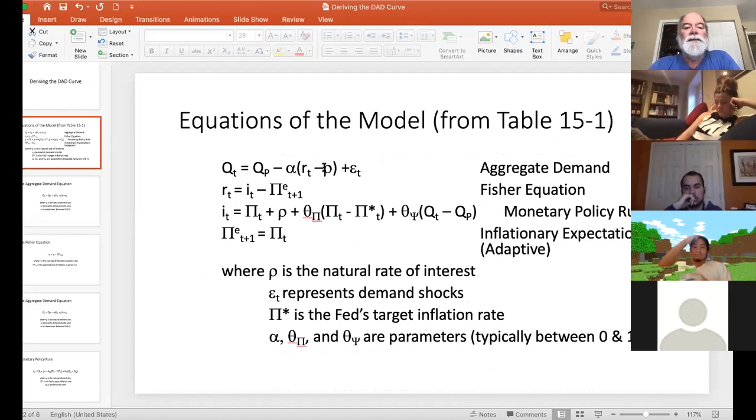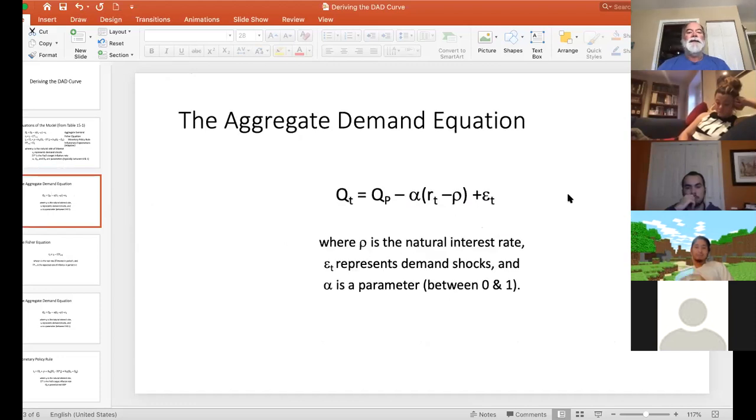Okay, so these are the equations that apply to the dynamic aggregate demand model. And we're going to work our way through each of these equations. There's a lot here. I recognize that it's complicated. So let's take our time at this. Okay, so let's start with the aggregate demand equation. Okay, let's think about what this says.